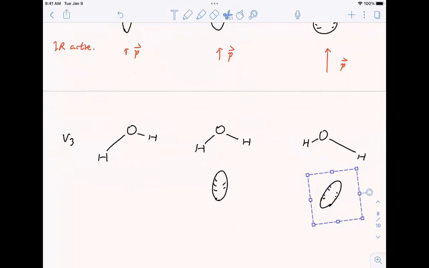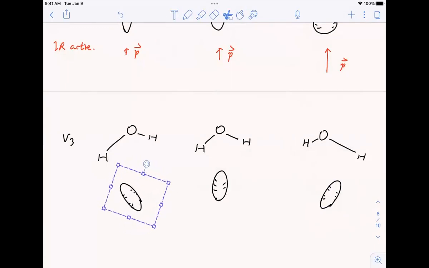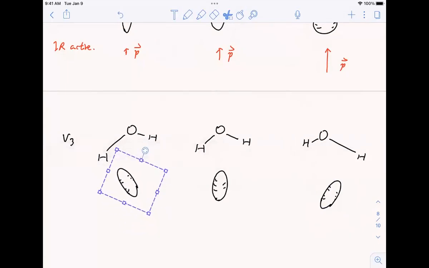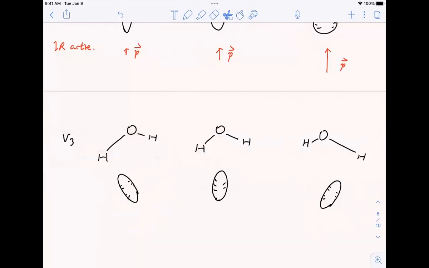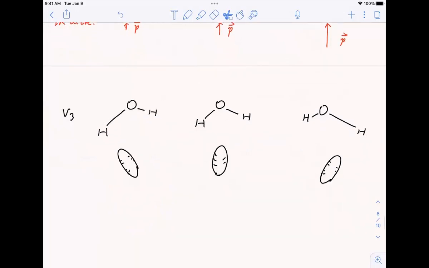Maybe it doesn't tilt this much. And then if you go to the other one, it will go something like this. Here you can see that probably the form doesn't change too much, but the orientation changes, because it distorts the molecule.